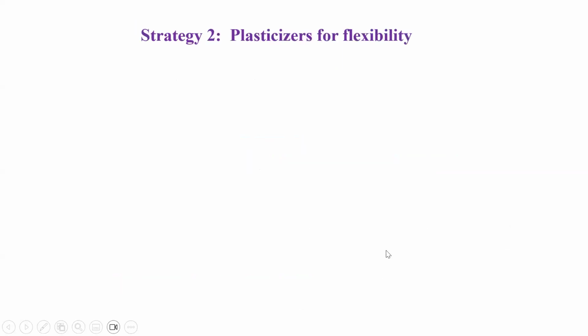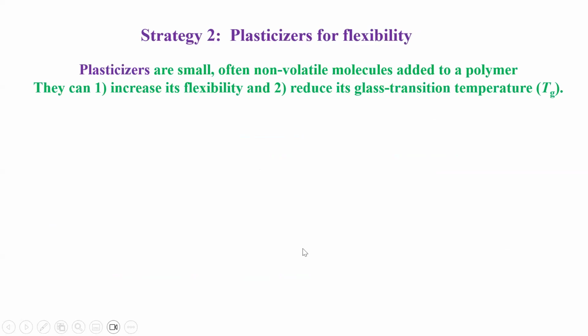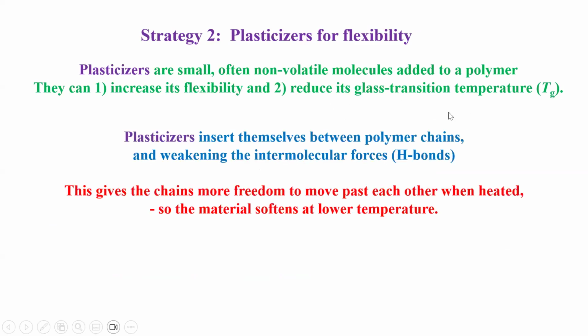Okay, so the other strategy was to add plasticizers, and these are small, often non-volatile molecules added to a polymer, and they can increase the flexibility and reduce the glass transition temperature. Plasticizers insert themselves between polymer chains, and this then weakens the intermolecular forces.